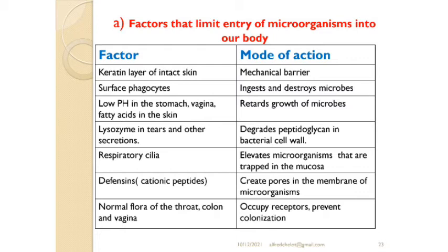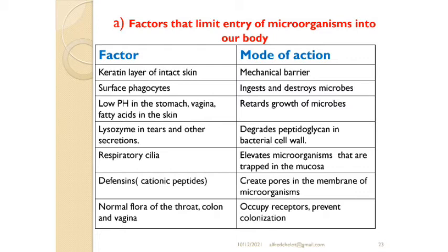So any breaks in the skin due to scratches, wounds, or abrasion will cause infection because it will allow for the entry of the microorganisms into our body. Bites of insects harboring pathogenic organisms can also introduce the pathogens into the body and transmit the infection.